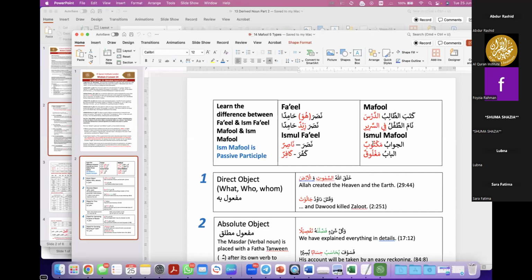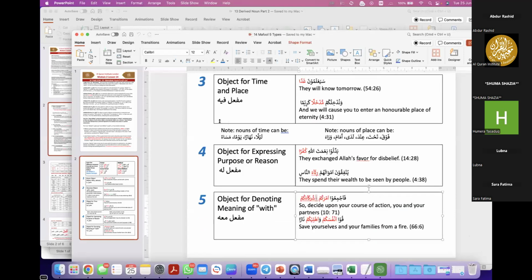Right. Alhamdulillah, Ustad Sadiq, any point, any aspect, anyone need any clarification? Just an example about the absolute object. Like dance of life. Yes, the dance of life, so the repetition of the same word.